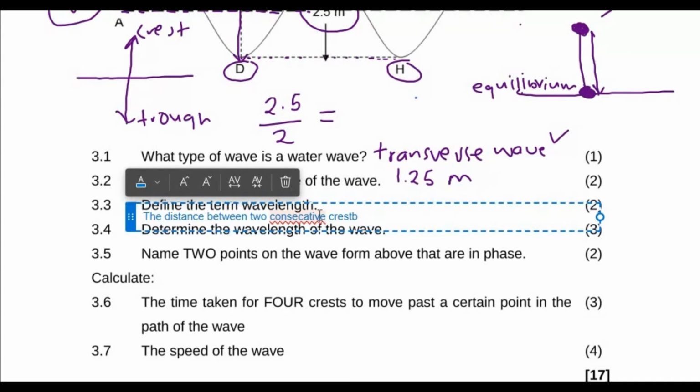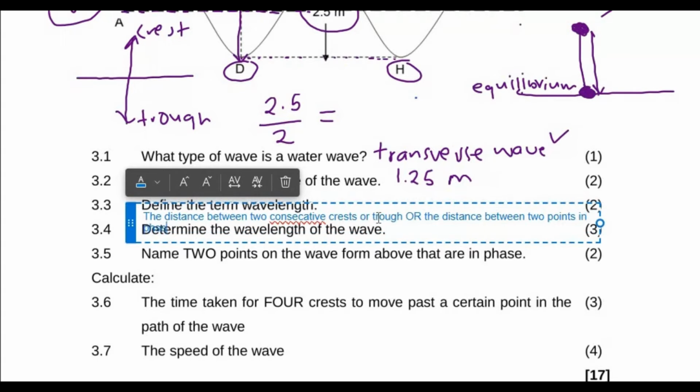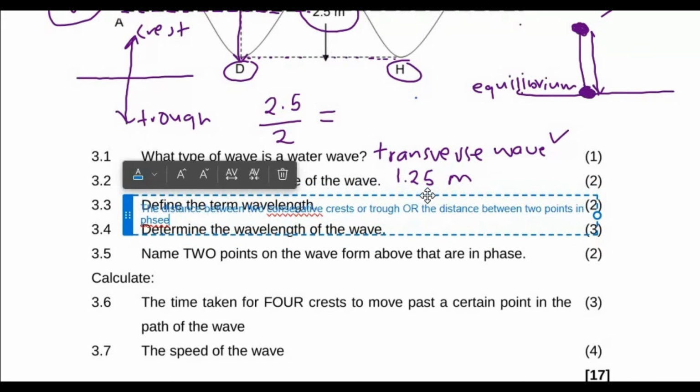Two consecutive crests or troughs. Or sometimes this is just defined as the distance between two points on a wave that are in phase, the distance between two points in phase. I'll just explain what these two things mean.